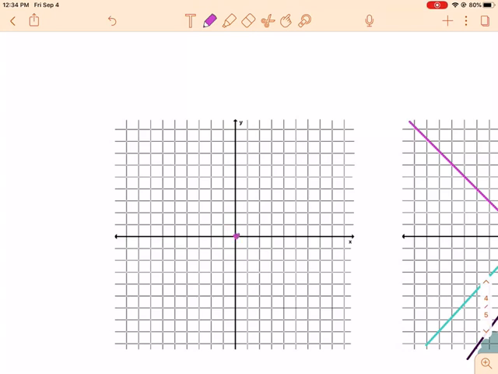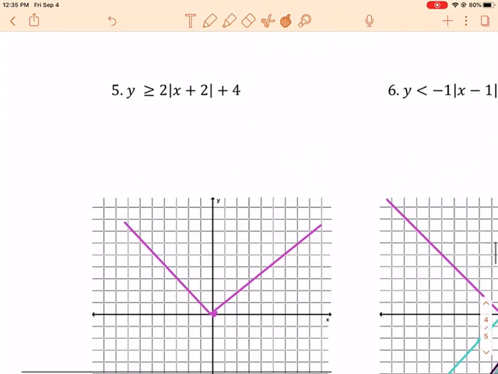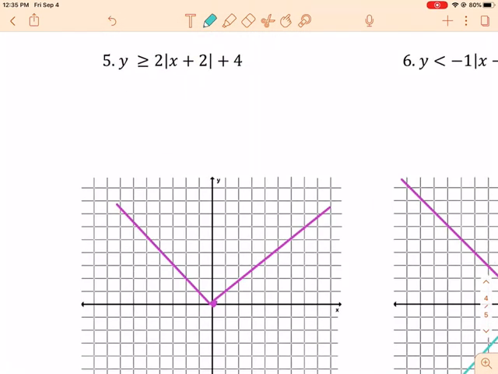So I'm going to graph the original. Now, because it's 2 times the absolute value, I'm going to stretch it by 2 units. So it's like this one's 1, 1. Now I have to take my y value and multiply it by 2. So now this is going to be up here.